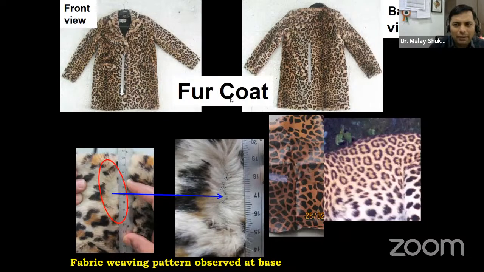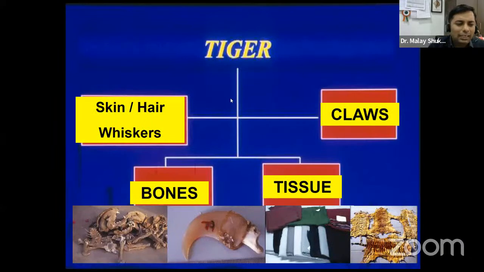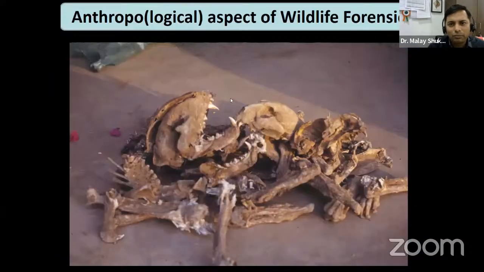Like stripe patterns in tigers, there is a rosette pattern in leopards, and even dye blobs have been used to prepare such artificial looking leopard fur coats or any other material thereof. But it can either be genuine or fake. So one of the challenges in wildlife forensics is to identify whether it's a genuine wildlife part or product, or an imitated one, or an altogether fake one.